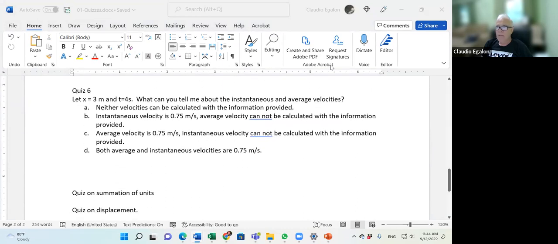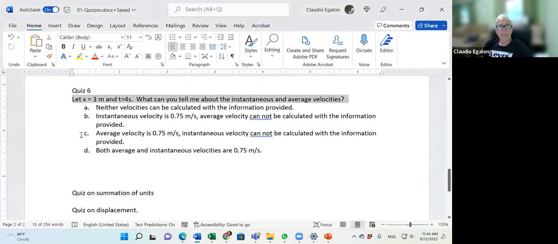And then quiz number 6. Let x be 3 meters and t be 4 seconds. What can you tell me about the instantaneous and average velocities in this case? In order to solve this problem, you have to go back to the definition of instantaneous and average velocities, right?